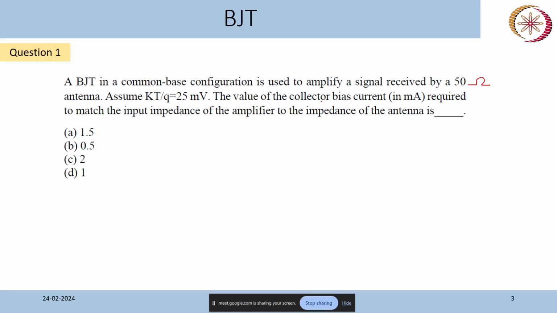The value of the collector bias current in milliampere required to match the input impedance of the amplifier to the impedance of the antenna. So what is the value of collector bias current? That is IC, and the unit is in milliampere. So all these options have unit in milliampere.